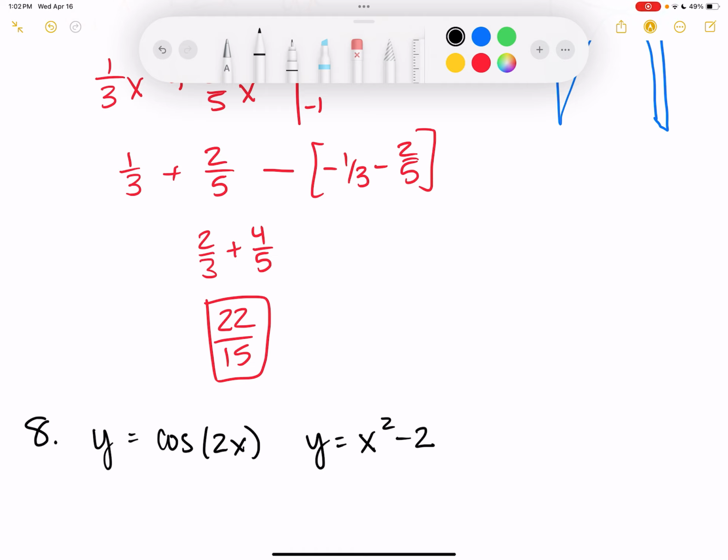Can you press window and check what your X min and max are? Well, mine's not working either. X min says negative 352.5 and the max is 352.5. On Zoom Standard? No, Zoom Trig.